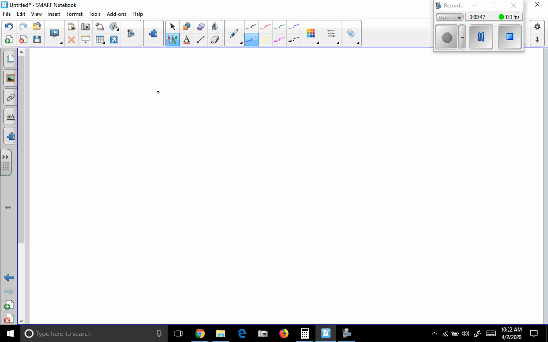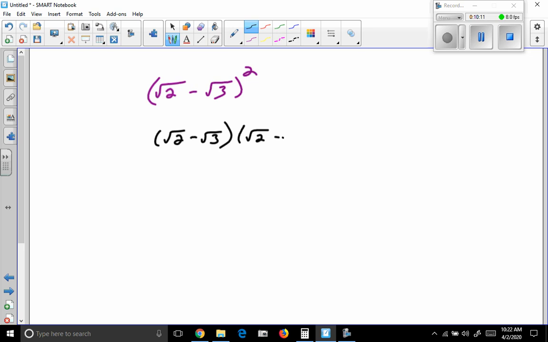Okay, so let's do the square root of 2 minus the square root of 3, squared. Well, how do we do that? If we're squaring something, that means take it and multiply it times itself. We can't just simply square each term. That doesn't work. But what we can do is we can write this factor 2 different times and distribute.